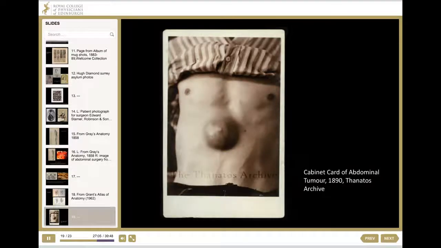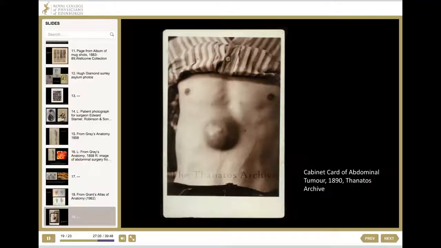In this 1890 cabinet card of an abdominal tumor, we see how the camera focuses in on the chest of the patient, removing features that might identify the individual, which also eliminated concerns of facial ugliness. While the chest identifies the patient as male, any other recognizable feature has been cropped out, focusing in specifically on the protuberance.